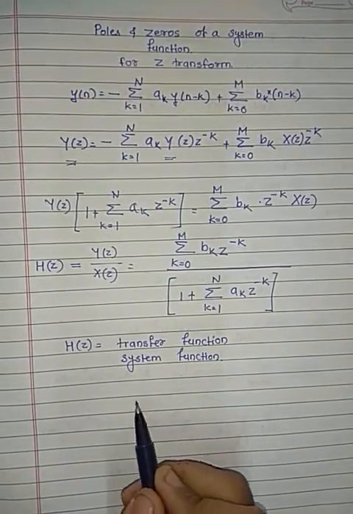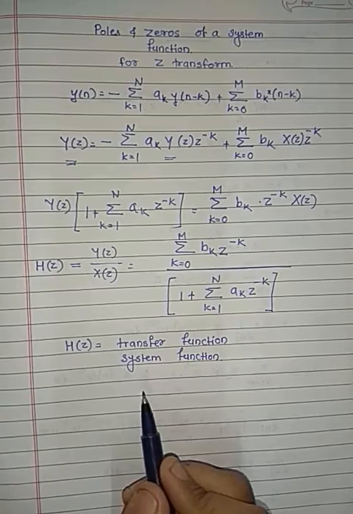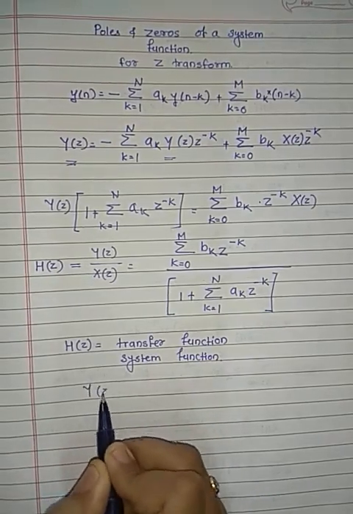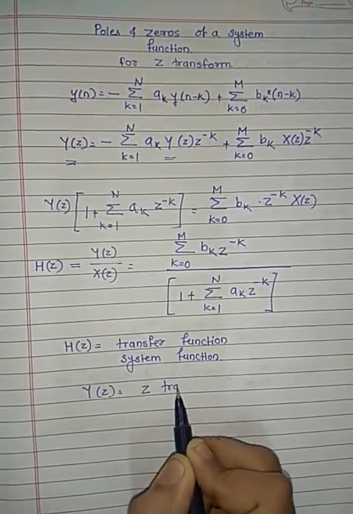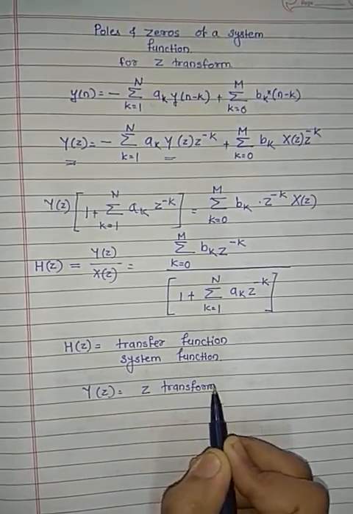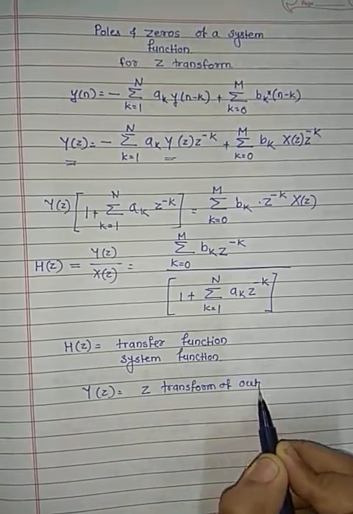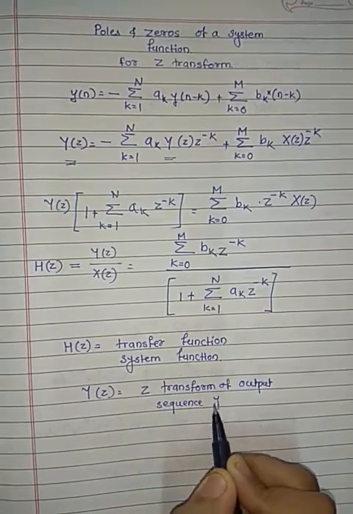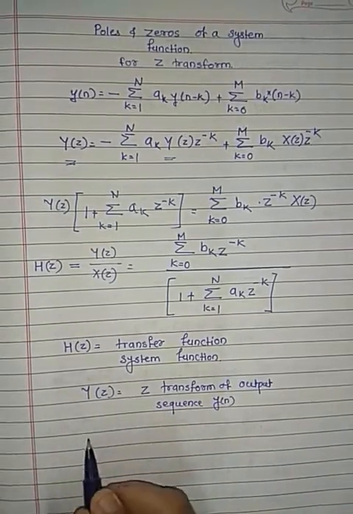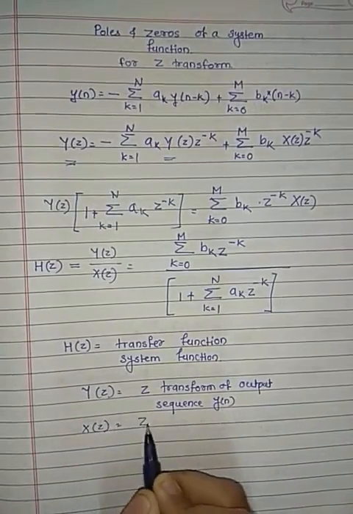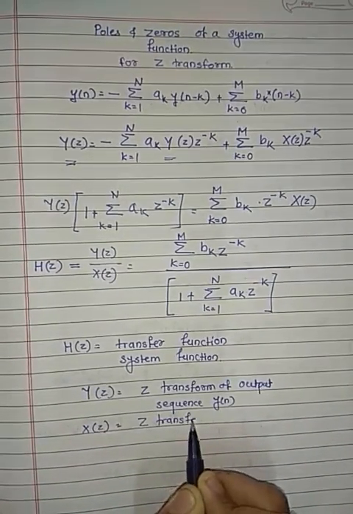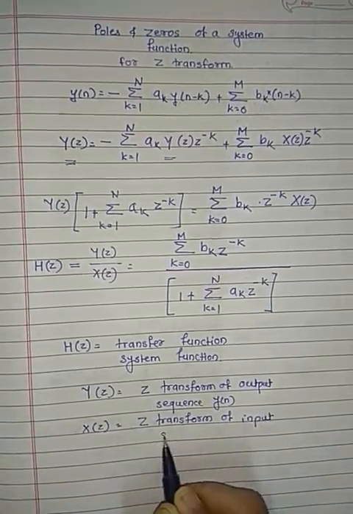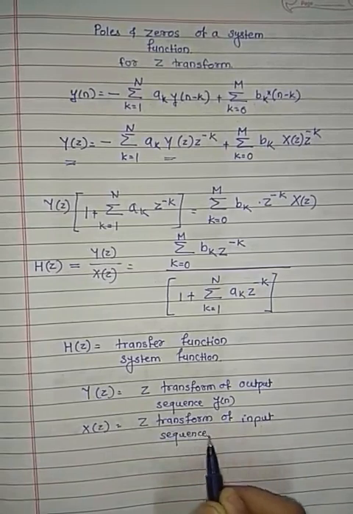Y of z is nothing but the Z transform of the output sequence y of n, and X of z is nothing but the Z transform of the input sequence x of n.